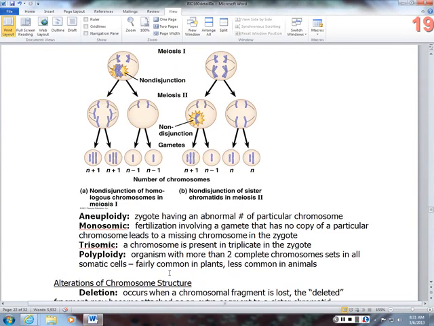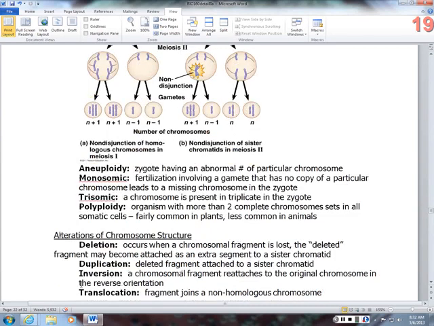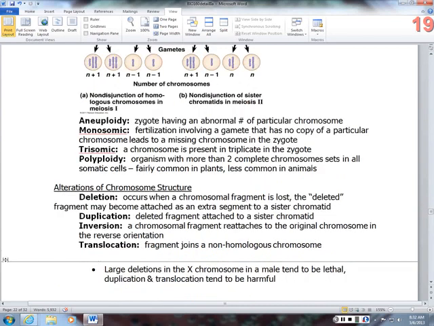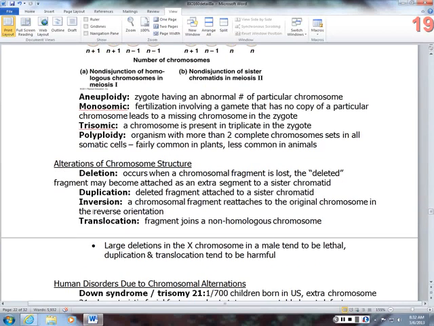So polyploidy is an organism that has more than 2 complete chromosome sets in all of their somatic cells. This is a lot more common in plants. Plants can tolerate this kind of thing a lot better than humans can. Some plants will get extras in there, but in the animal world, this just does not work well.